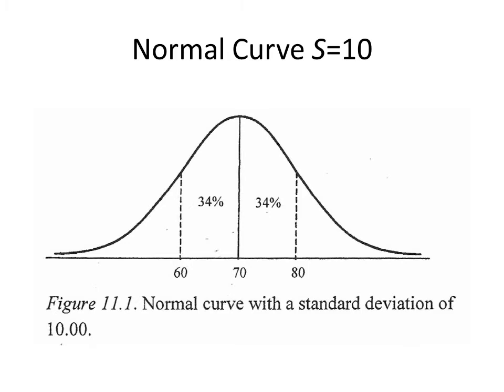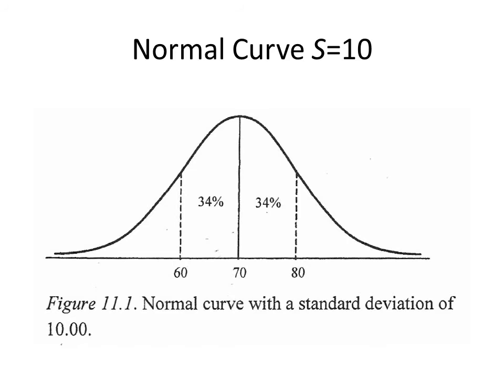If we go from 70 to 80, 34% of the cases also lie between the mean of 70 and the score of 80. That is one standard deviation above the mean.